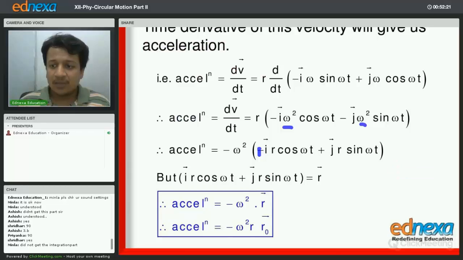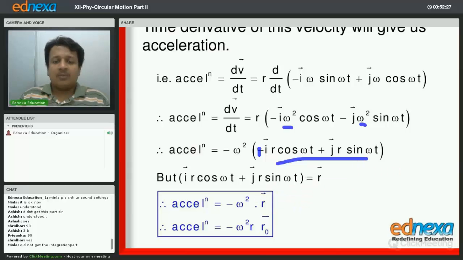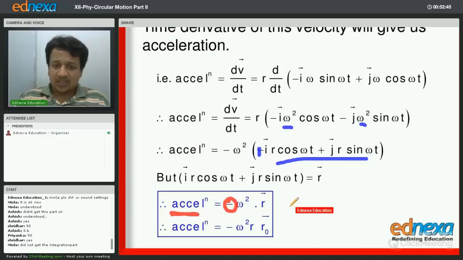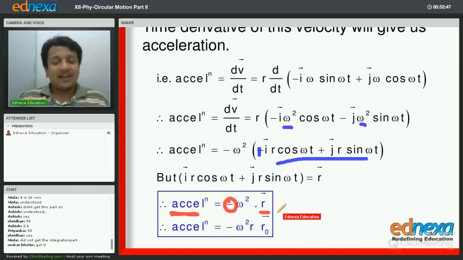So at this place we will put vector r, and our formula will become minus omega square vector r, that is equal to minus omega square r unit vector r. What will that minus sign indicate? The minus sign will indicate the direction of this acceleration. The direction of this acceleration and the direction of this r are exactly opposite.